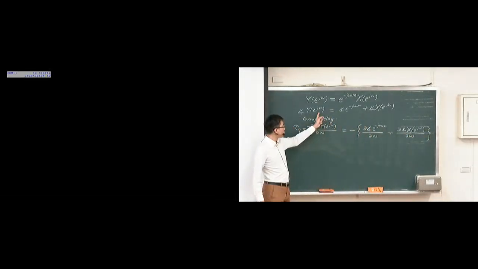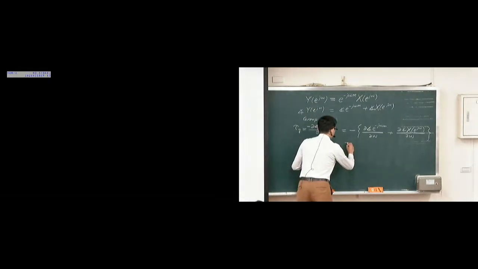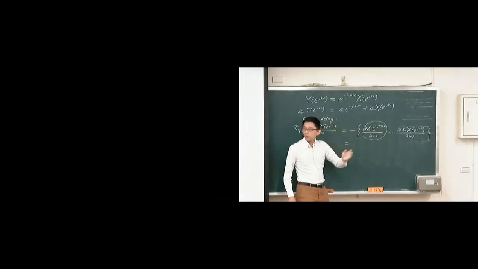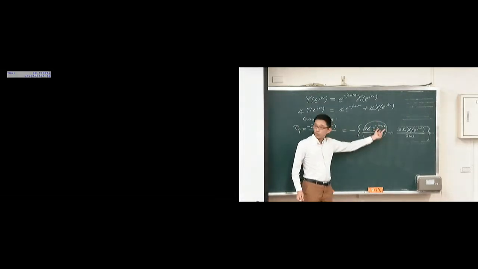If this is true, then this should be true. The equality should hold. So what's the phase of e to the j something? It's simply the exponent. You need to be careful.